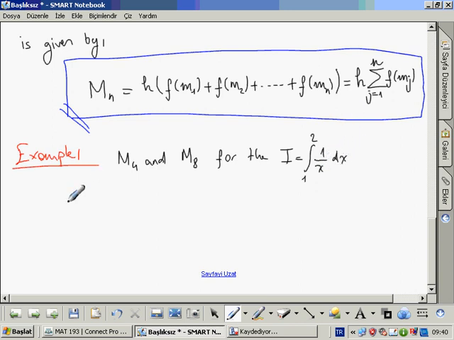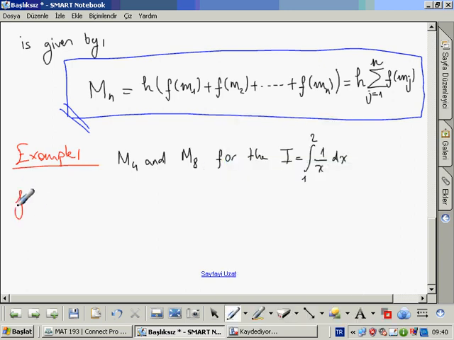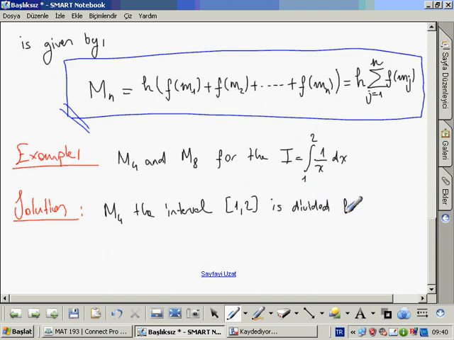To find M4, the closed interval [1, 2] is divided into four equal subintervals.